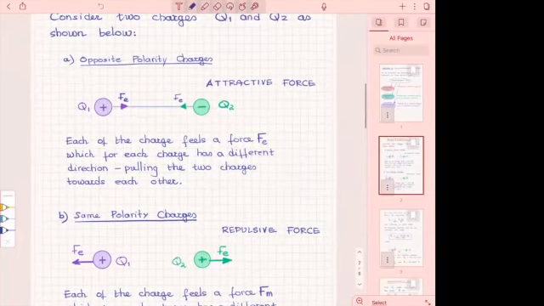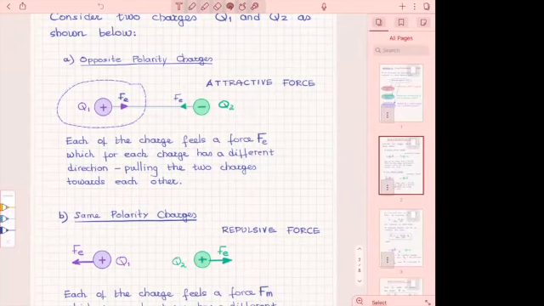As you know from physics, if you have a positive charge here, Q1, and then you bring in the vicinity of it a negative charge, the two charges will feel an attractive force.